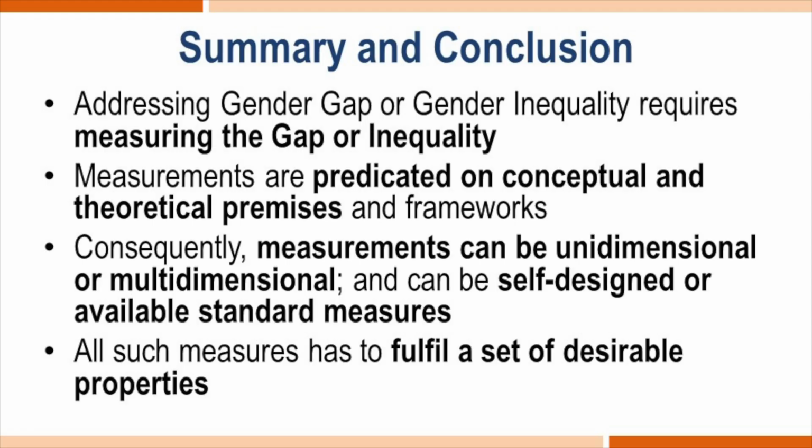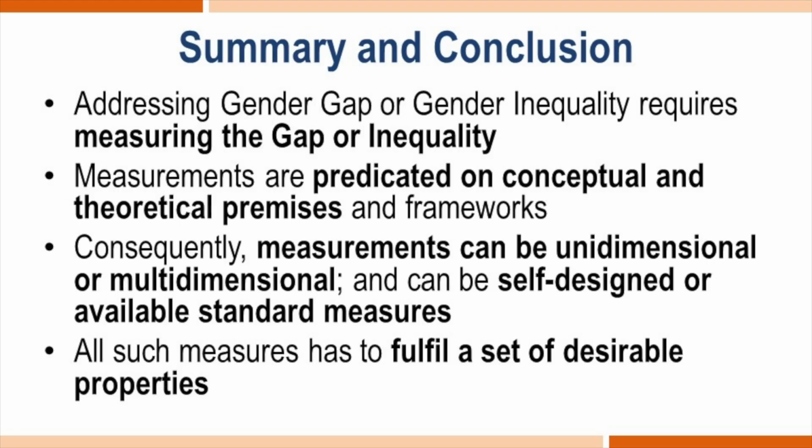In order to do that, this measurement is predicated on conceptual and theoretical premises and framework. So you need to have a very clear conceptual and theoretical framework of what you are actually trying to measure and why. And once that is decided, then we need to design the method of measuring it, whether it is unidimensional or multidimensional, whether it is a simple difference of sex disaggregated data or an index or composite index or inequality measure, whether it is self-designed or available measures to be adopted.